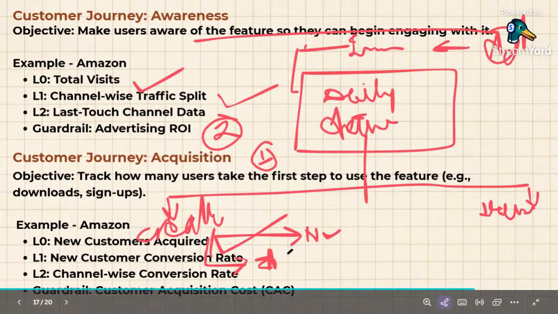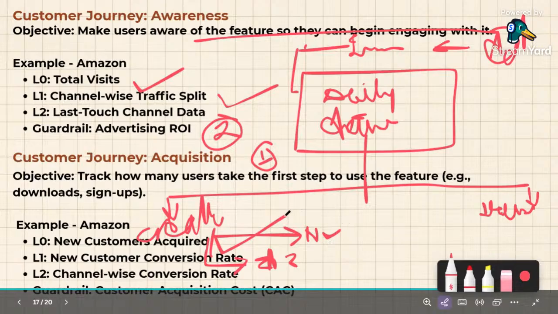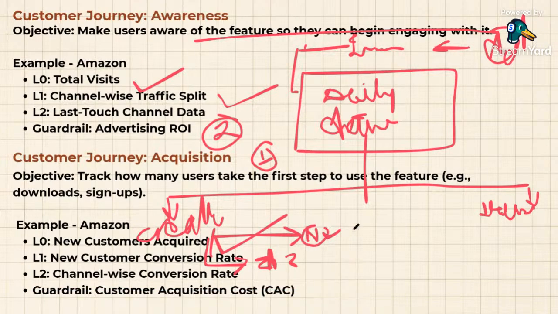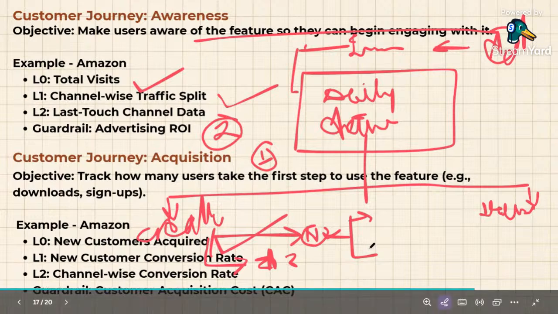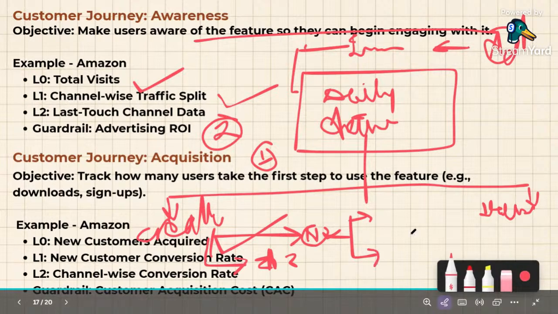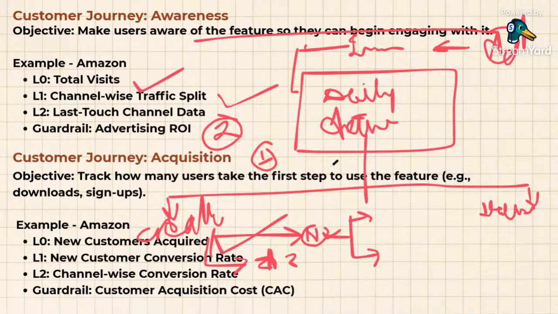So the number of statuses being generated would be 2 million, and the number of users who are using this feature would be 1 million. Now this can be further broken down into two pieces: the number of people who are new and the repetitive users. So we try to create the entire metric tree.